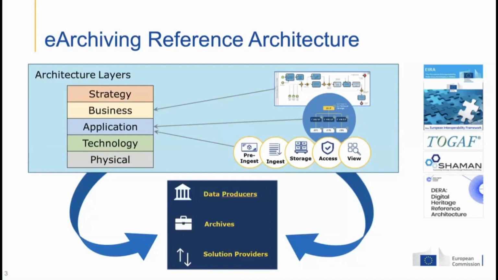So as I said 30 minutes before, the original goal of the reference architecture was to help our stakeholders to position their processes, tools, and software services by providing them with this reference point. Also, it helped us to position our E-ARK things.